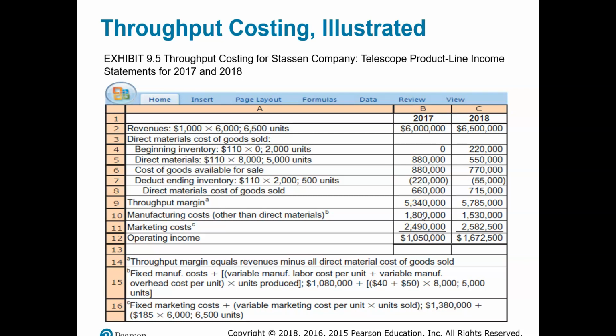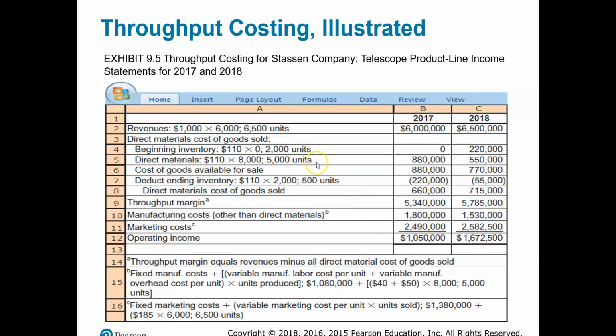Just like variable costing expenses off fixed manufacturing costs in their entirety because they're related to capacity, whereas absorption costing doesn't. Under throughput costing, all manufacturing costs that are not direct materials related are expensed off in the same period, as well as marketing costs and other fixed costs, to get operating income.